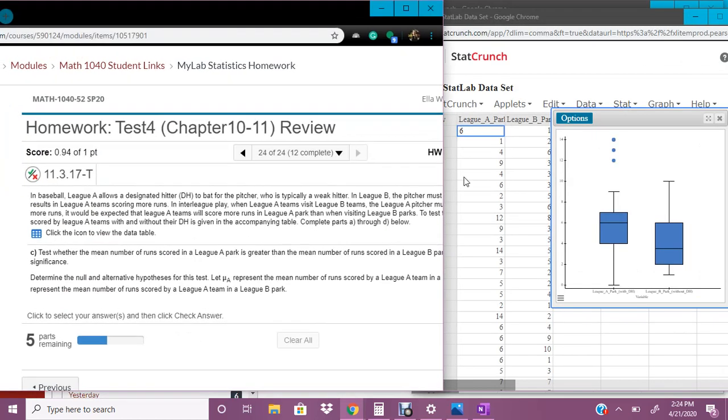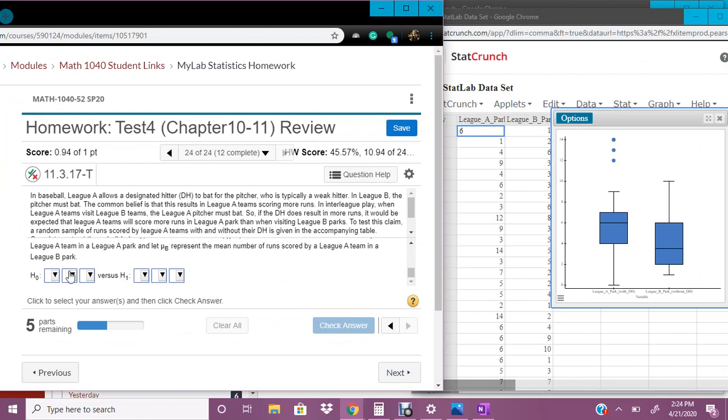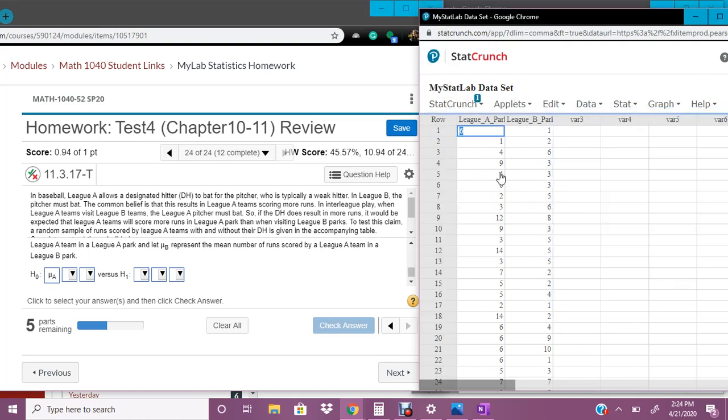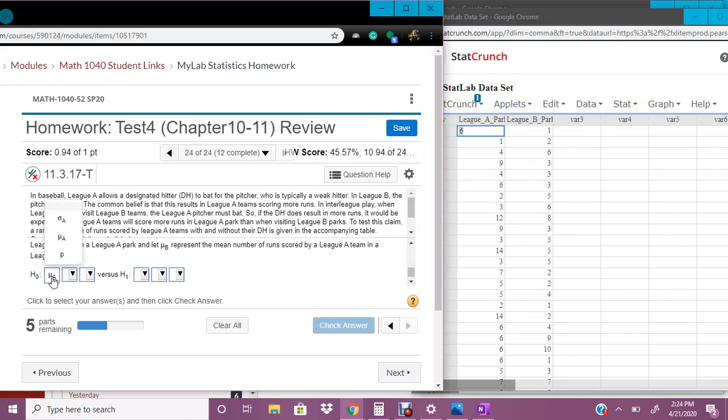So now we're going to do the hypothesis test. We're talking about means here, and the reason we know that is because our data is given to us in numbers, in whole numbers. If we were talking about proportions, it'd be in decimals or percentages, and never have we talked about standard deviation in chapters 10 and 11.